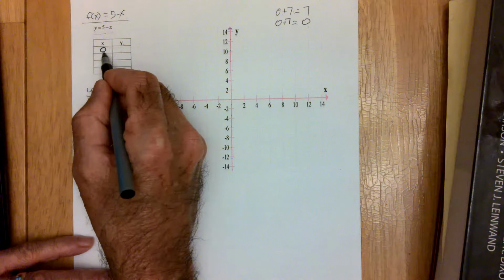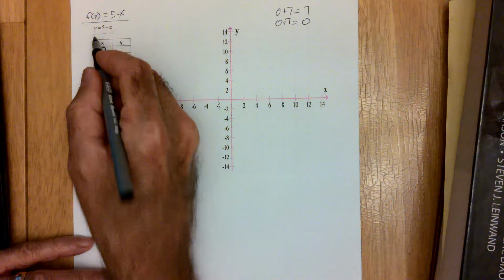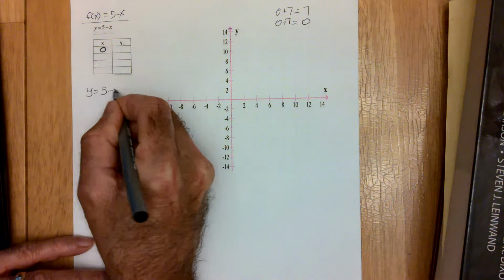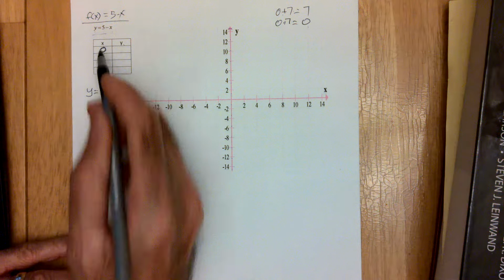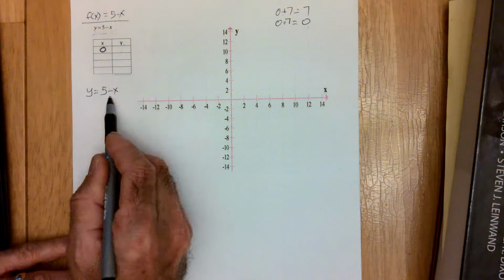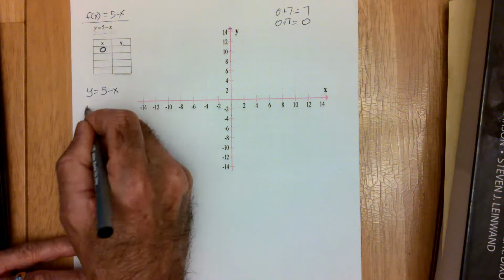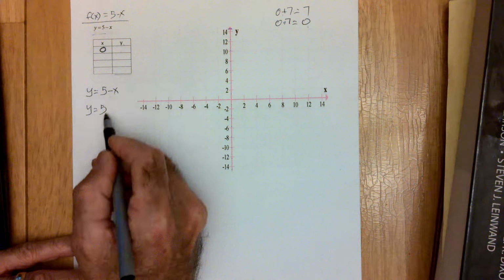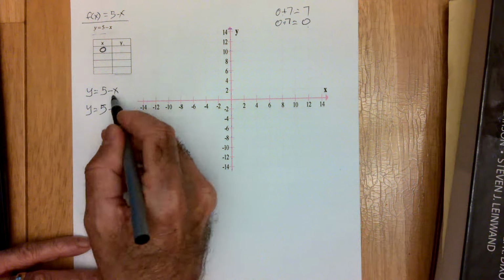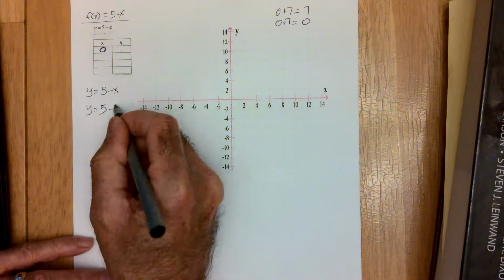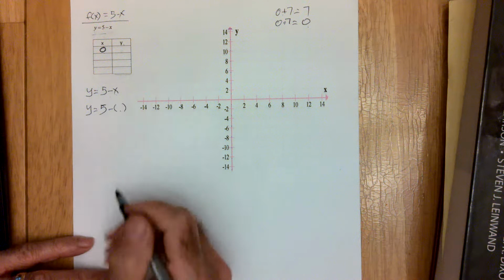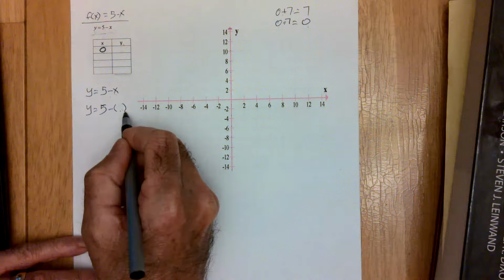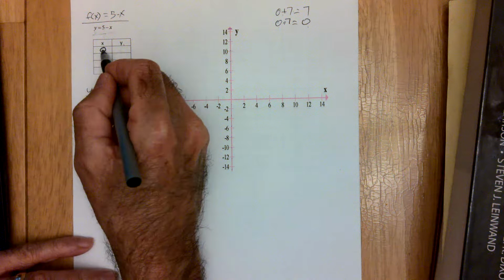We're going to pick a value for x, and we're going to replace x with that number. So we start out with that equation. Instead of x, we could just leave a blank space here, but I'm going to put parentheses. So this is where we're going to place the value that we've chosen.